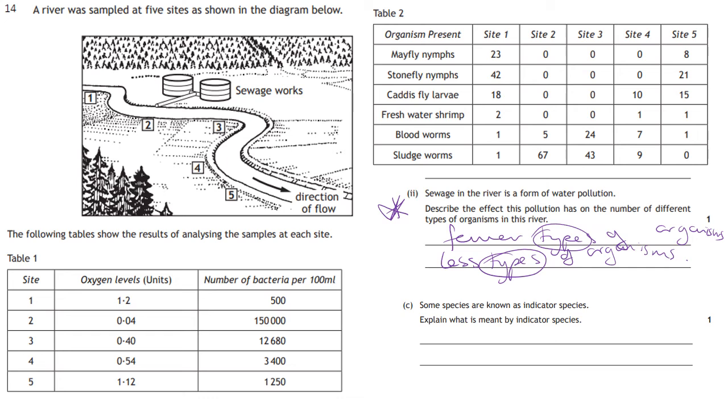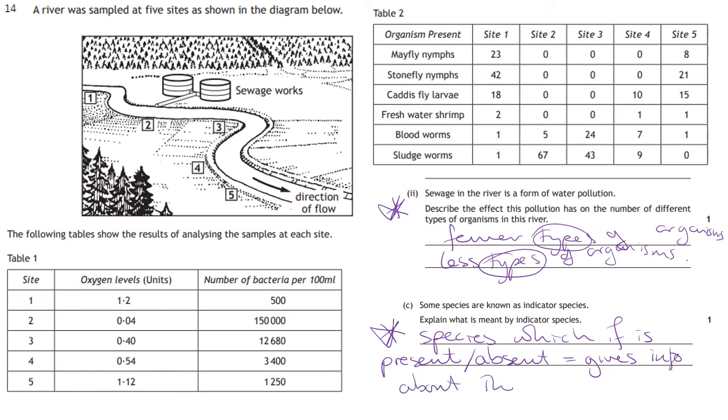Okay, bottom one here. Some species are known as indicator species. Explain what is meant by the term indicator species. Now this is just straightforward knowledge. Okay, an indicator species is a species which, if it is present, or sometimes if it's absent, gives us information about the level of pollution.